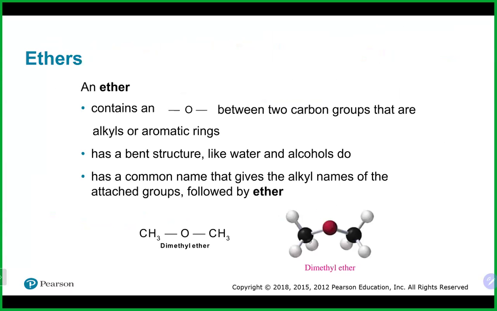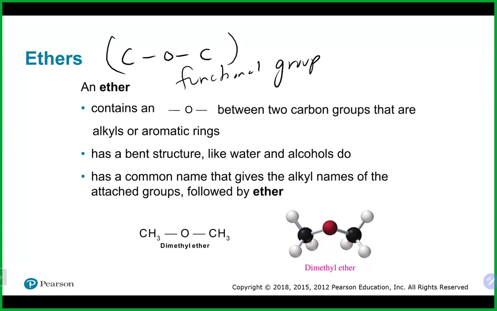All right, the next group we're going to talk about are ethers. And ethers have a functional group of basically carbon, oxygen, carbon. So ethers are carbon, oxygen, carbon. So that is the functional group there of ethers.